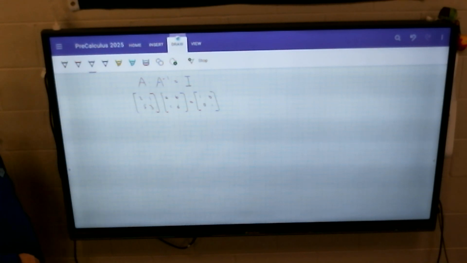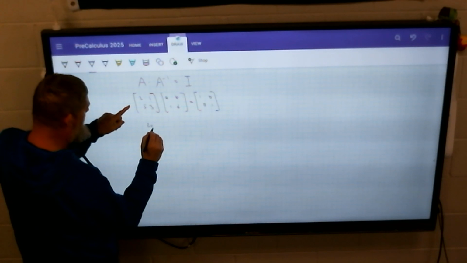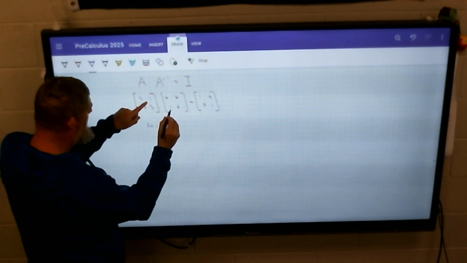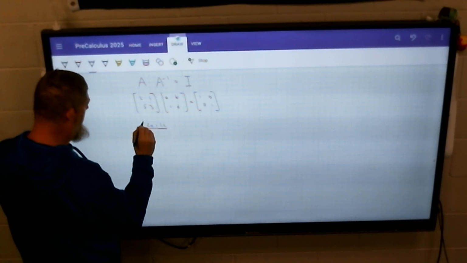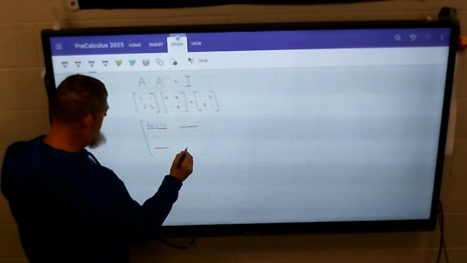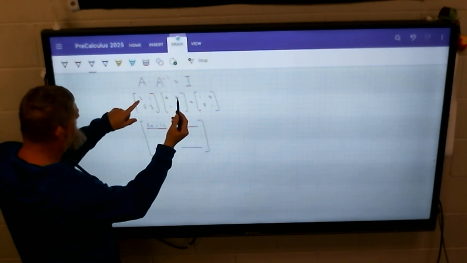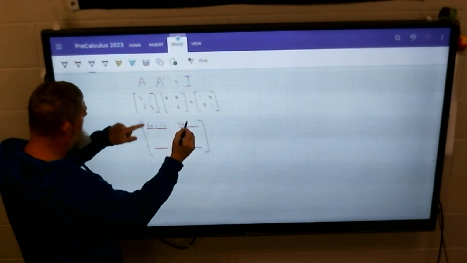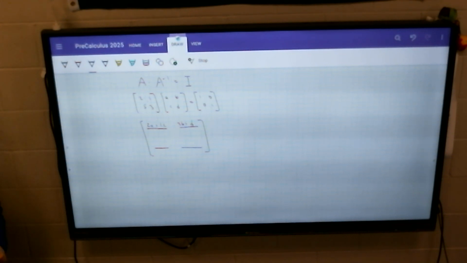Okay, so what do I have? 2 times A, which is 2A, plus 1C. That's going to be my first entry, since I have a 2 by 2. The next number is 2 times B, 2B, plus 1B, just like regular multiplication.